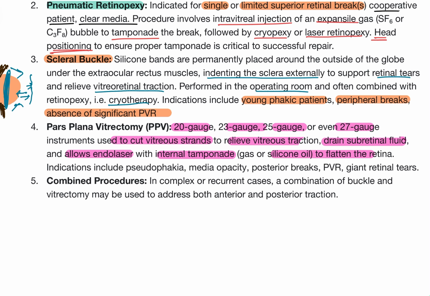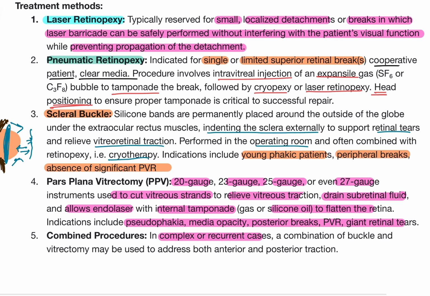Drain and flatten the retina. So all these are indications. Combined procedure for complex and recurrent cases: you can use buckle, you can use vitrectomy, both anterior traction, posterior traction, everything can be there. The most important things are your pneumatic retinopexy and scleral buckle. I think you have understood how the scleral buckle works.